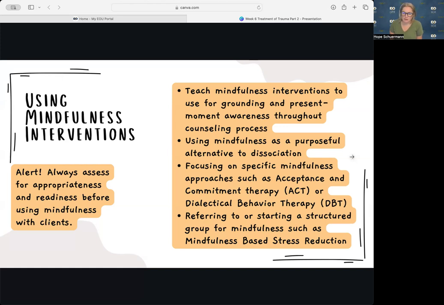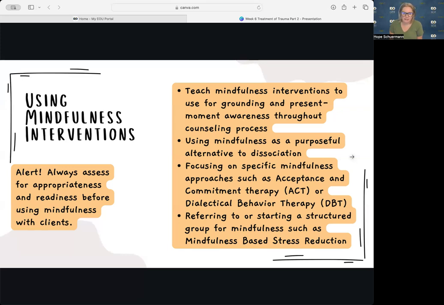You could also think about starting a structured group for mindfulness for your clients or for other clients, or having a group that you can refer clients to. One of these is the mindfulness-based stress reduction group, and I did link in your Canvas account how you can go through a free training in MBSR, and I think this is a great resource. I've done it before.